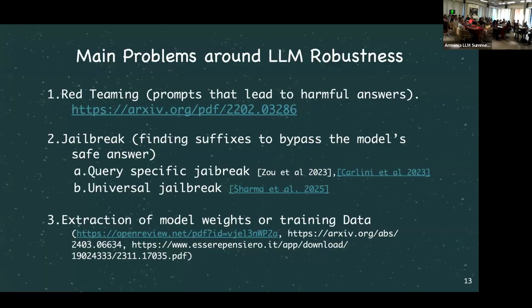Okay. So this is an example of a jailbreak, and an illustration of some of the security problems for LLMs. Red teaming, which I mentioned, is a big problem that the companies care about. It is basically finding, in the wild, potentially benign prompts, not jailbreak related, that lead to harmful outputs.